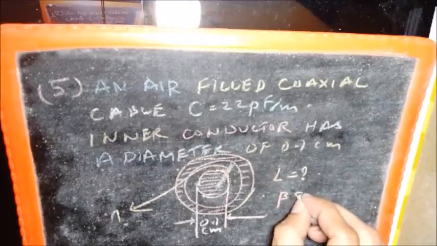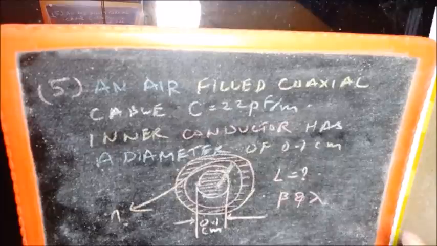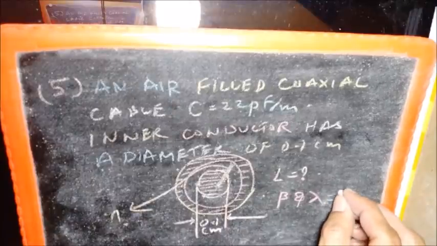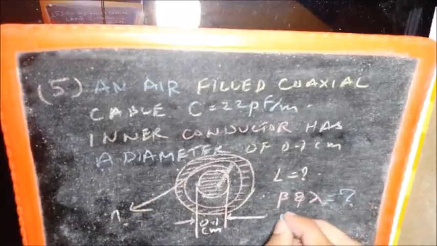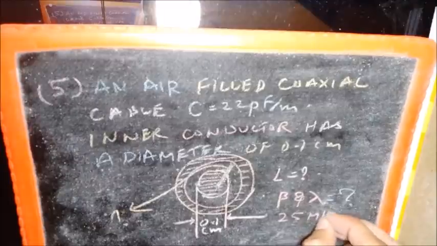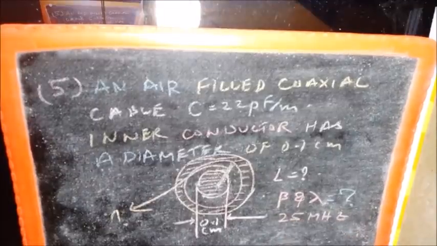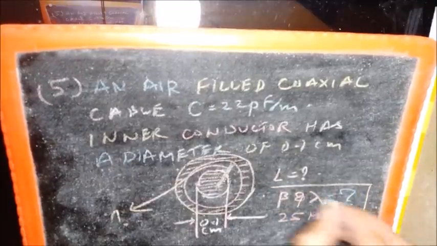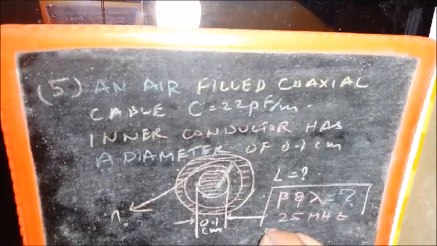You have to find out beta and lambda. Once you get beta, you get lambda, of course. What is beta and lambda if 25 megahertz is the operating frequency? While finding out beta and lambda, you can neglect dissipation.